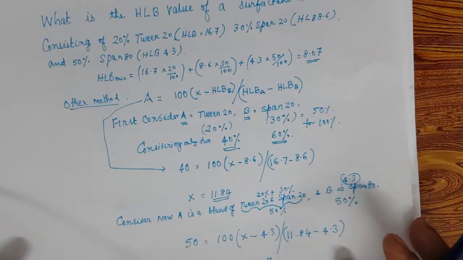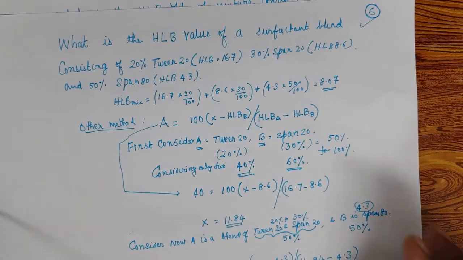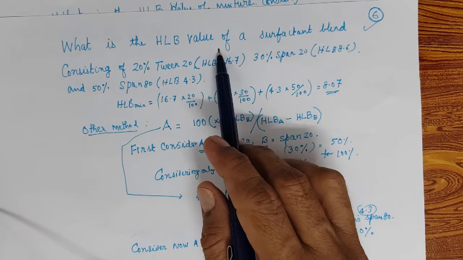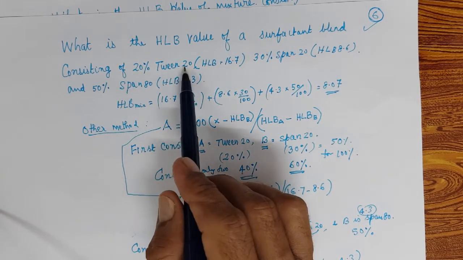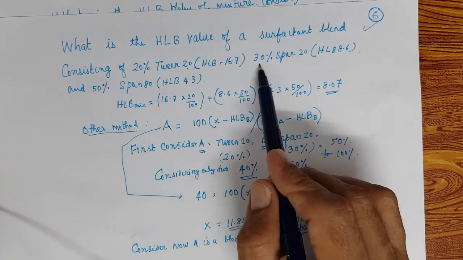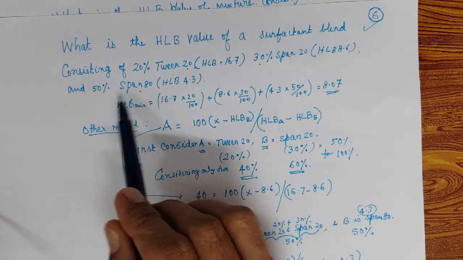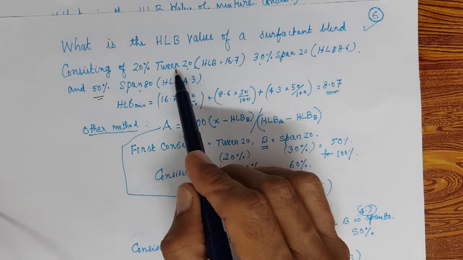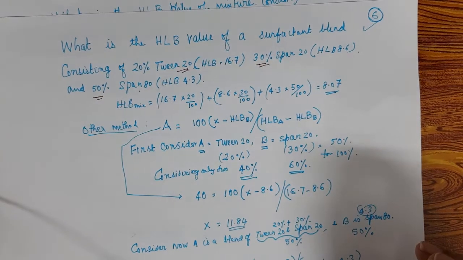Now, we will see yet another thing. What is the HLB value of a surfactant blend containing 20% Tween 20, 30% Span 20 and 50% Span 80? Now, there are three emulsifiers. Understood?